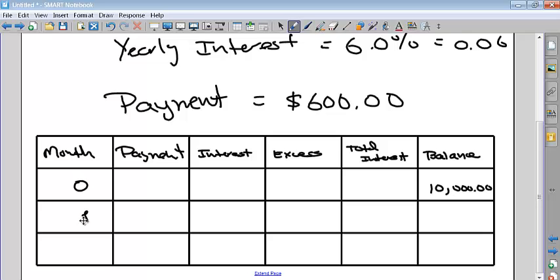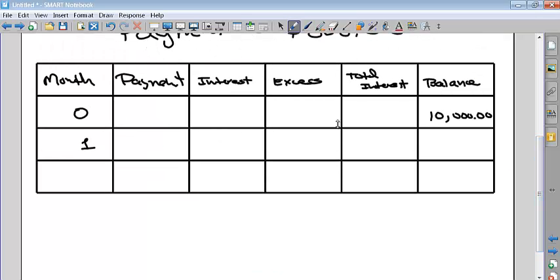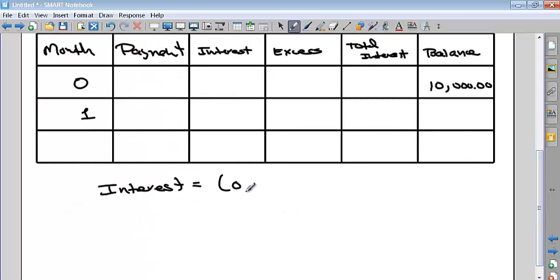So after 1 month, you've used that money for a month. So what you're going to do is calculate the interest on this. So the first step is calculate the interest for the first month. And the interest is going to be equal to the interest rate, which is 6%, use the decimal equivalent, 6% times the, and you divide that by 12 because you're doing this as a monthly interest rate, and then you multiply by the balance.